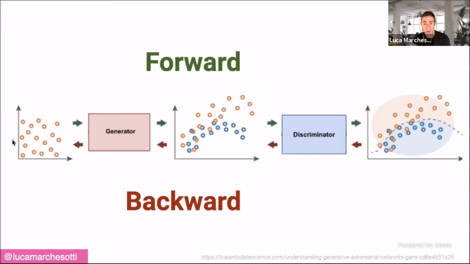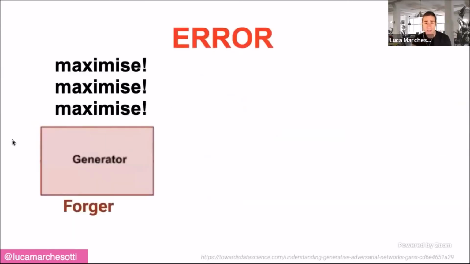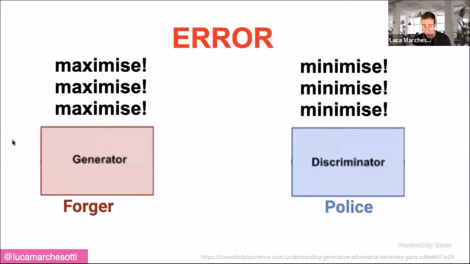There is a generator, which is the forger, and there is the discriminator, which is the police. If you want to forget everything else I said, please don't forget this part because it's really relevant.